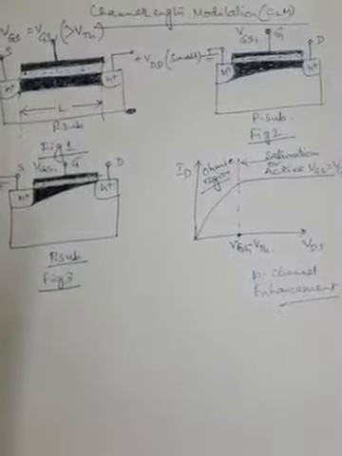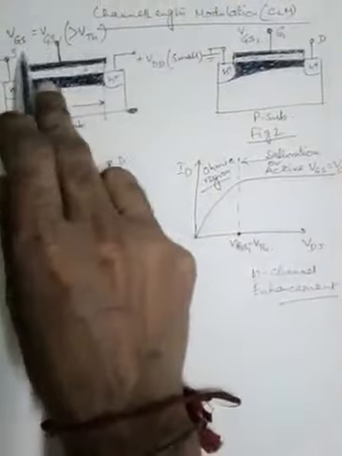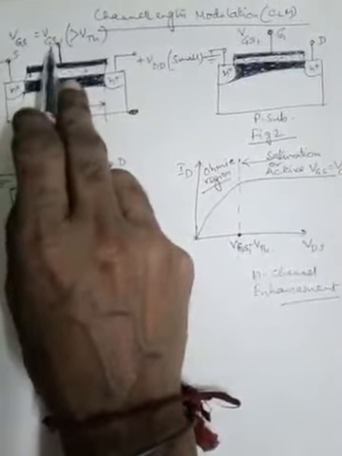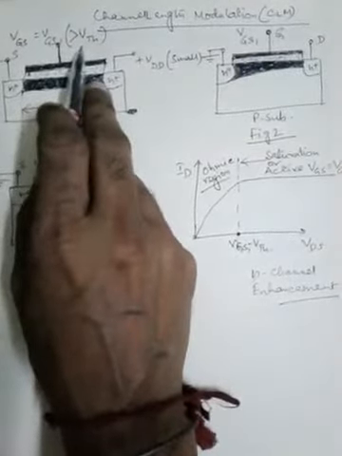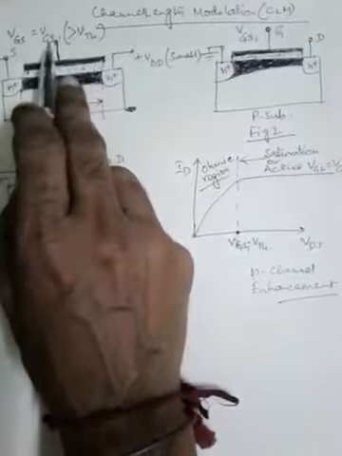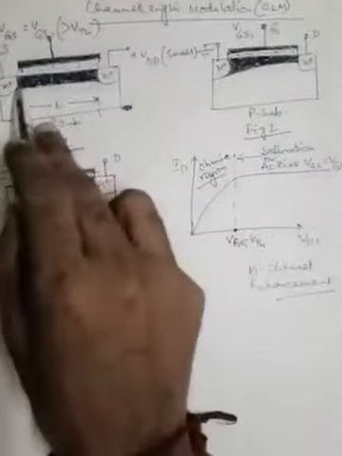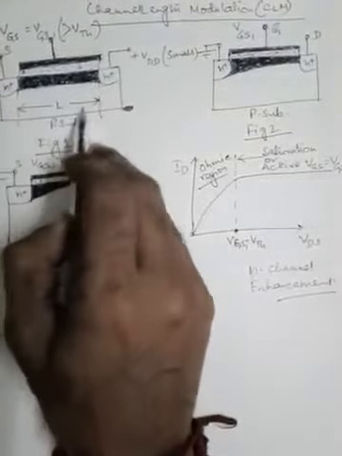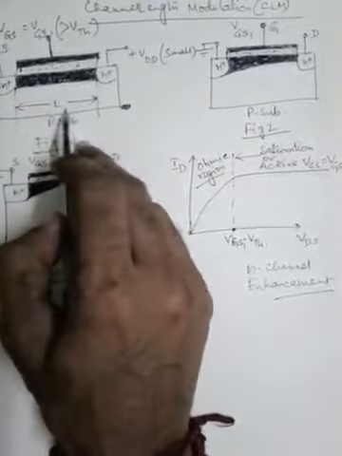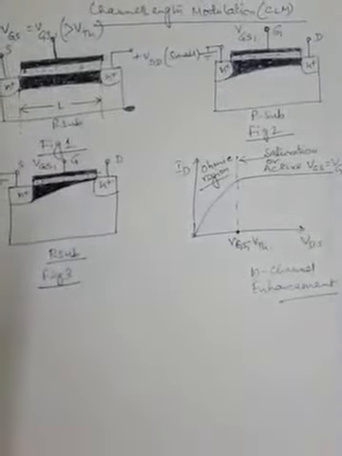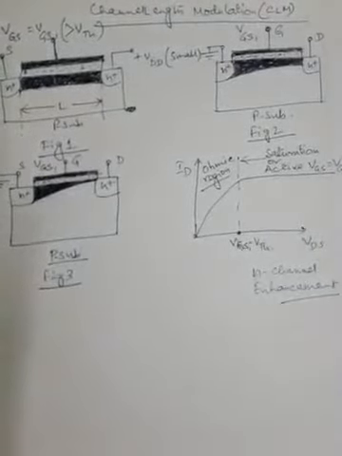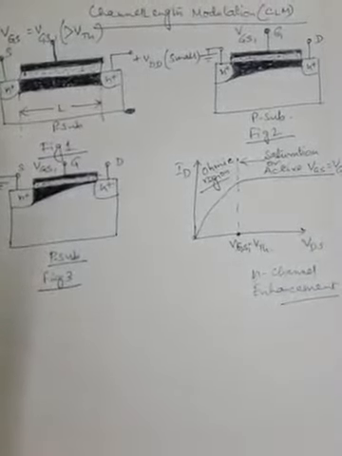At the gate terminal a voltage VGS1 is applied, which is greater than the threshold voltage of the MOSFET, and VGS1 is the voltage between gate and source. The length of the channel is denoted by capital L. So this channel length is an important parameter to explain this phenomenon.